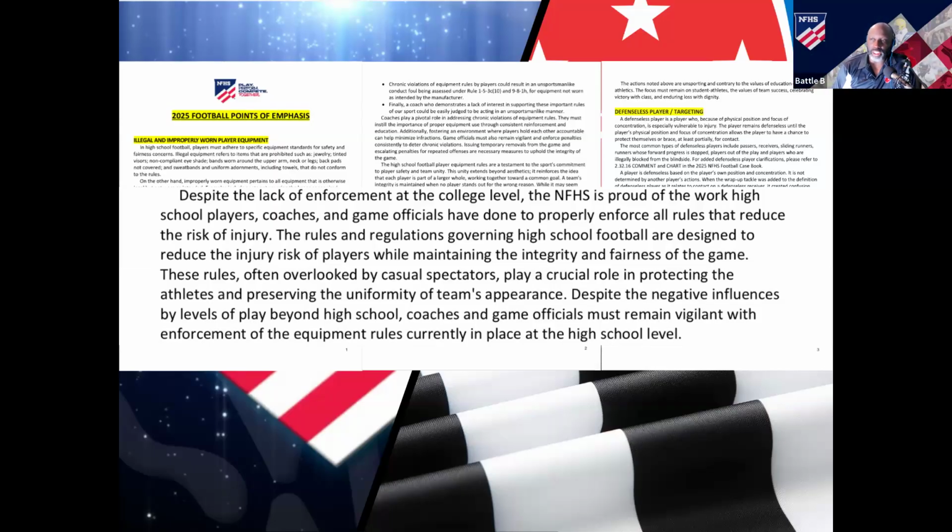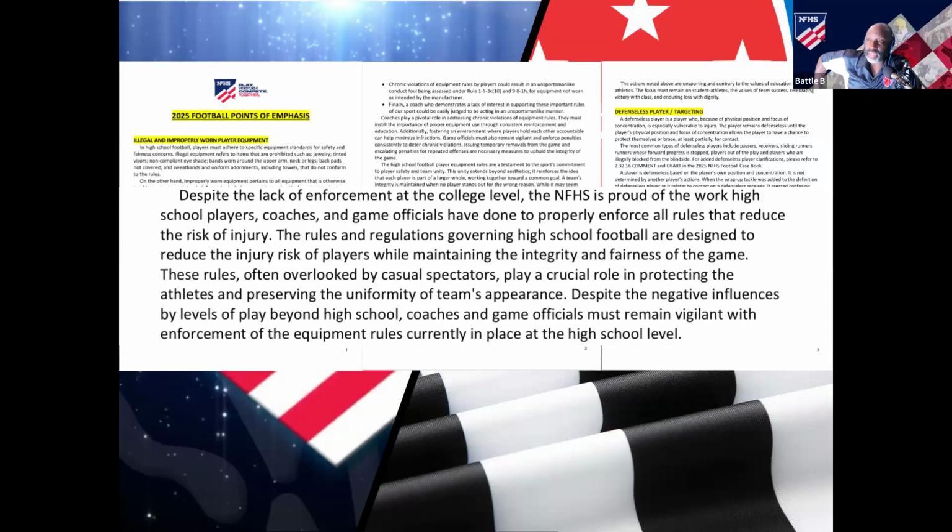The NFHS is proud of the work high school players, coaches, and the game officials have done to properly enforce all rules that reduce the risk of injury. The rules and regulations governing high school football are designed to reduce the injury risk of players while maintaining the integrity and fairness of the game. These rules, often overlooked by the casual spectator, play a crucial role in protecting the athletes and preserving the uniformity of team appearance.